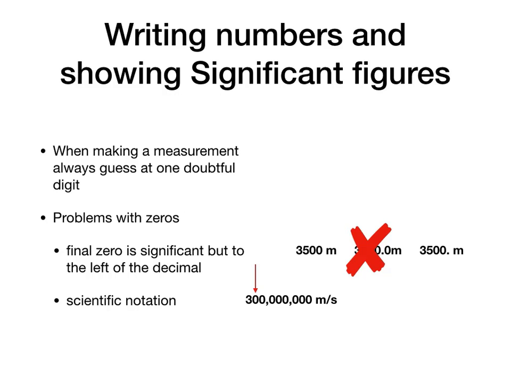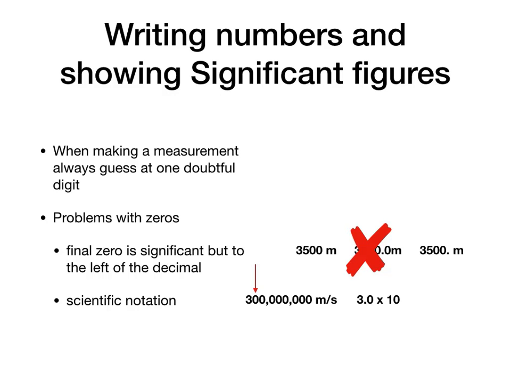Well, how do we write this number to show the correct size and the correct number of significant digits? When we put it in scientific notation, remember we put the decimal point so there's only one significant figure to the left of it. That means the decimal point has got to be moved from where it is currently until it's just before the 3. So in scientific notation, this number is going to be 3 point something times 10 to a power.